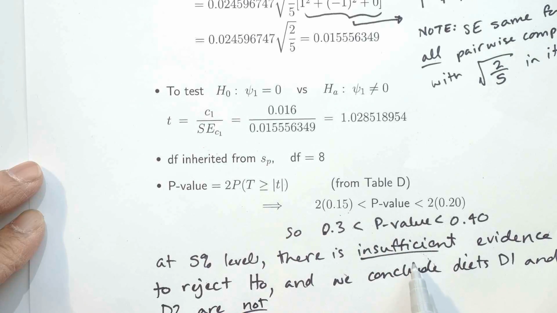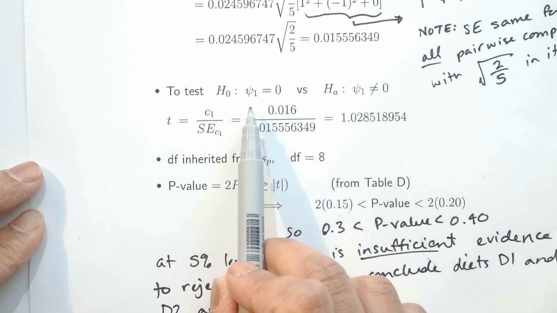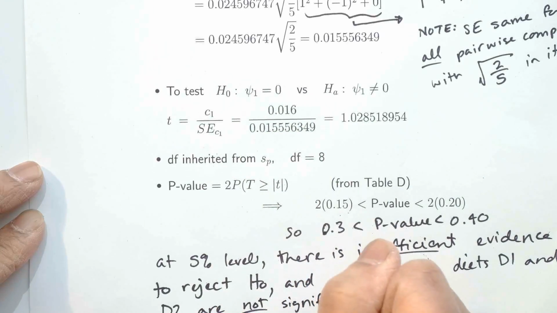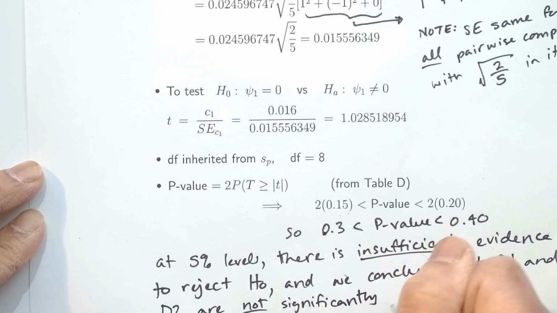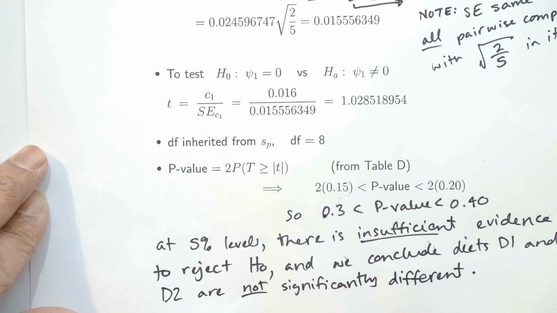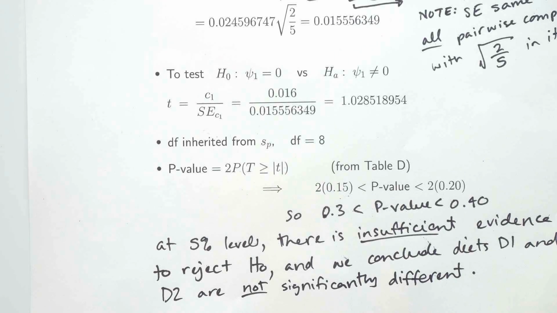Here we could not reject the null, so under the null they are not significantly different. Okay, great. So that's how we would do our hypothesis test.